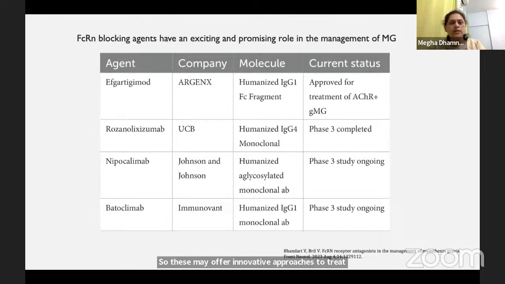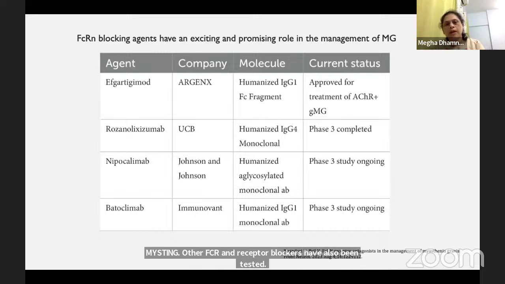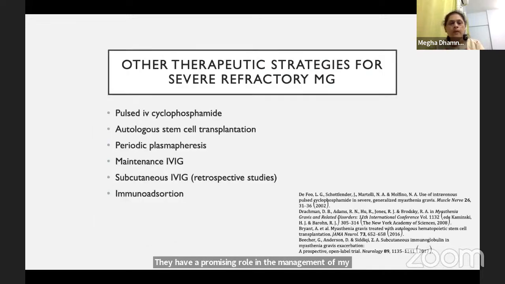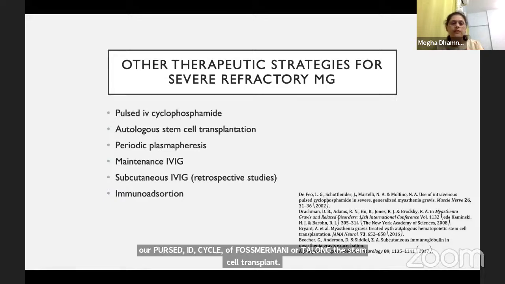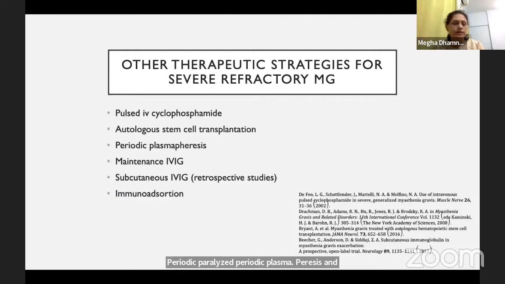Other FcRn receptor blockers have also been tested. They have a promising role in the management of myasthenia gravis. Other strategies that could be tried and which have been studied are pulsed IV cyclophosphamide, autologous stem cell transplant, periodic plasmapheresis, and maintenance IVIG, as I discussed with you previously, is a standard treatment in the Western population that, if they are refractory, you would spread out the plasmapheresis sessions or IVIG sessions.